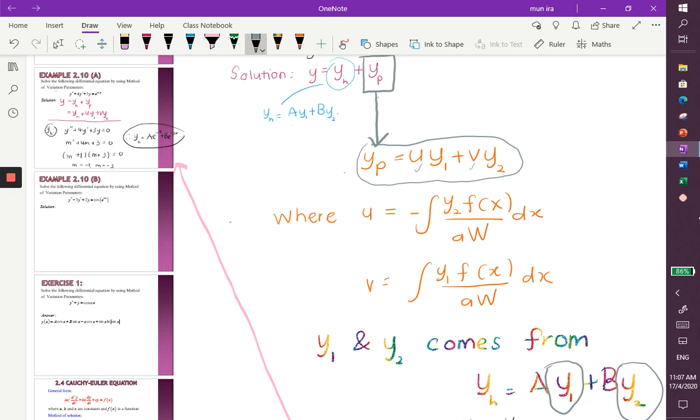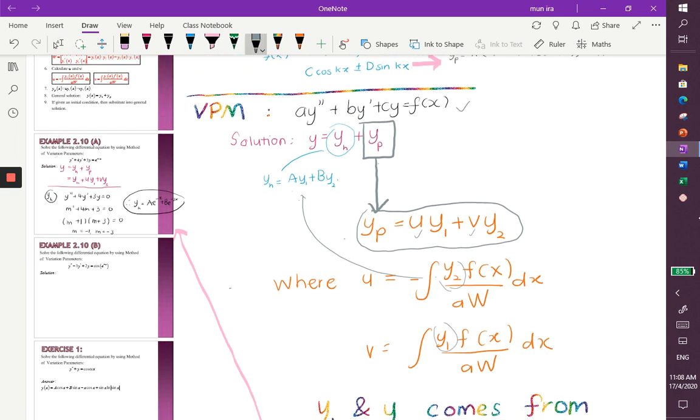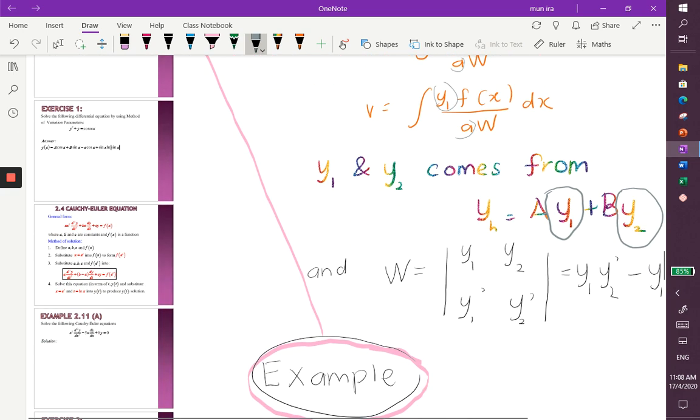Note that your y1 and y2 come from your homogeneous solution. You must choose your y1 and y2. f(x) comes from your question, and a also comes from your question. And your W is given by the Wronskian.